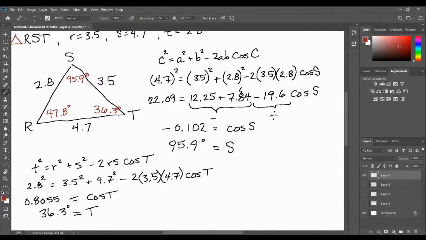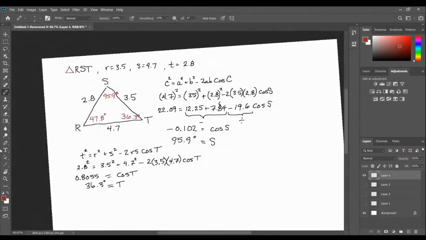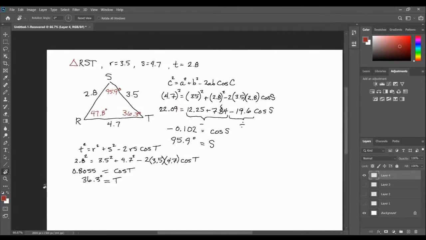And I expect the longest side to be opposite the largest angle, the medium side to be opposite the medium angle, and the smallest side to be opposite the smallest angle. So I think we've done a pretty good job here. Those answers fit for me. I'm comfortable with that, and so those would be the answers I would enter into my math lab.